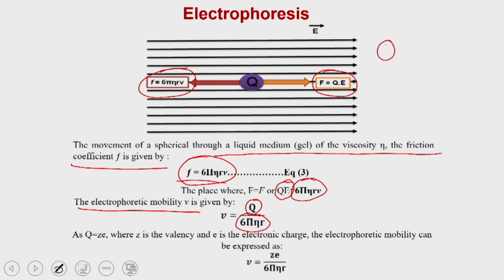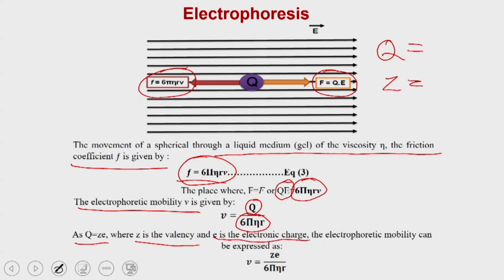As you know, the charge is equivalent to Ze, where Z is the valency of the molecule and e is the electronic charge.